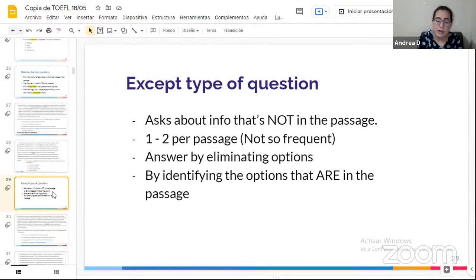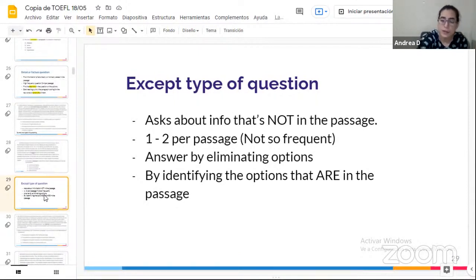But in this case, they're asking for information that is not mentioned in the passage. That doesn't mean it's implied information. It's something that's not at all there, so you have no evidence to find that piece of information in your options.